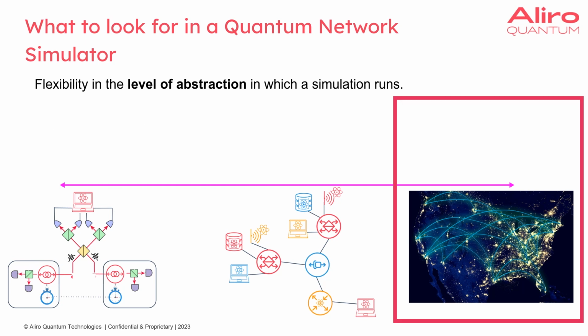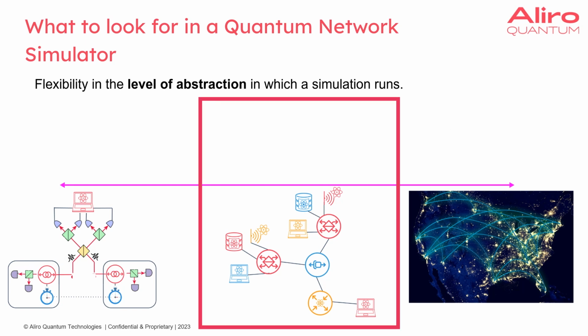On the opposite end, we want to be able to have many node systems distributed across large scales, and be able to study the behavior of that large system and how protocols on the system will actually behave.